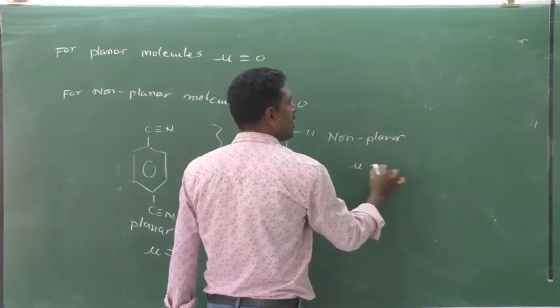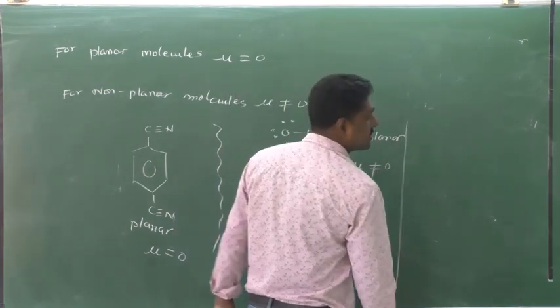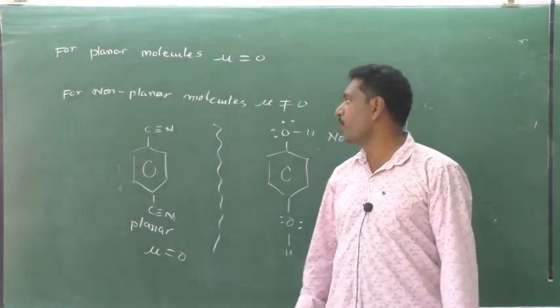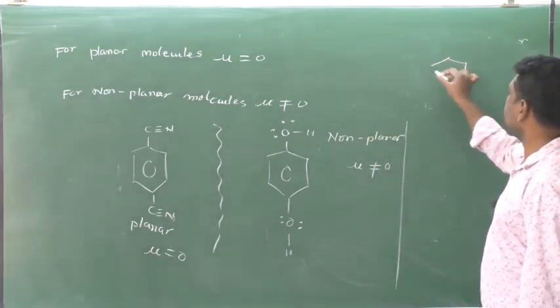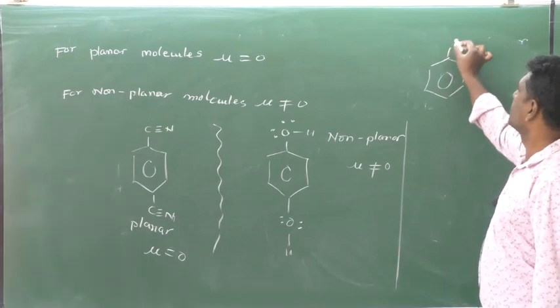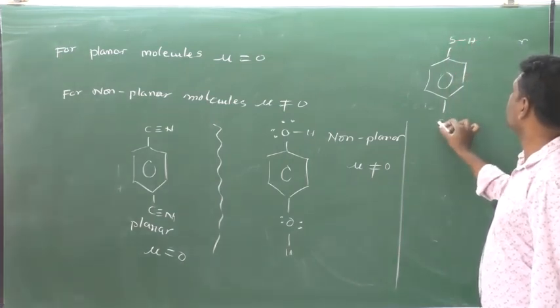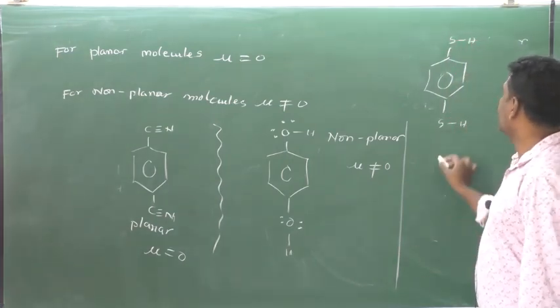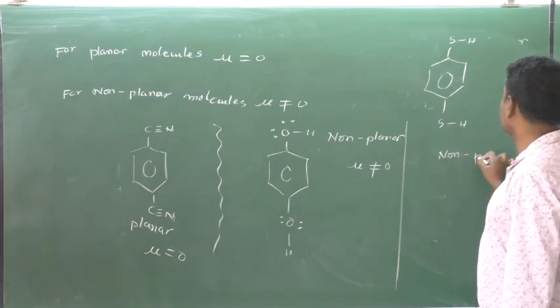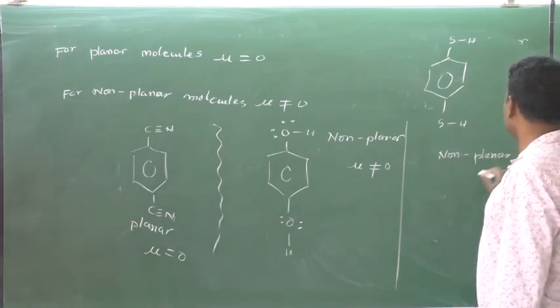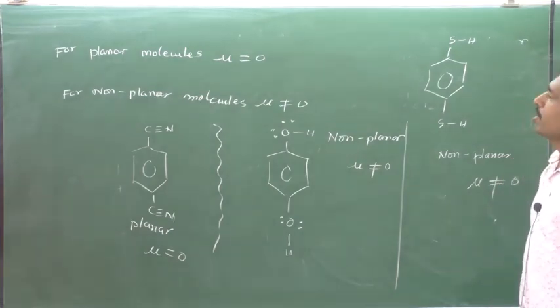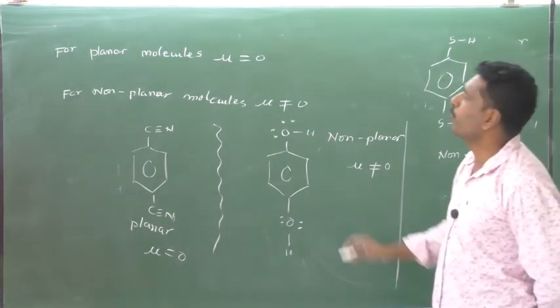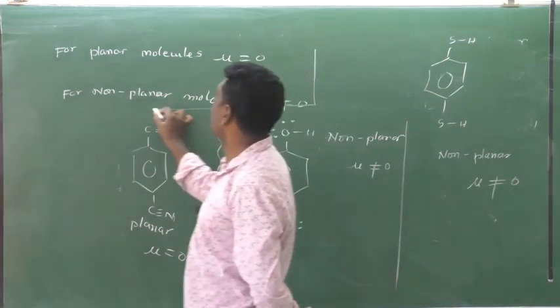For a non-planar molecule, mu is not equal to 0. Here SH, here also SH, so it is also non-planar. Mu is not equal to 0. For planar molecules, mu is equal to 0.